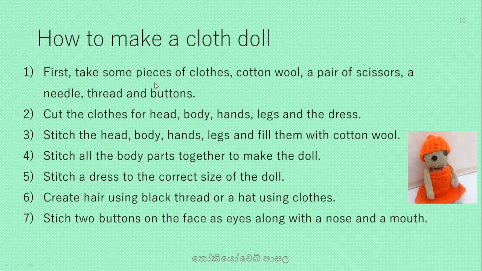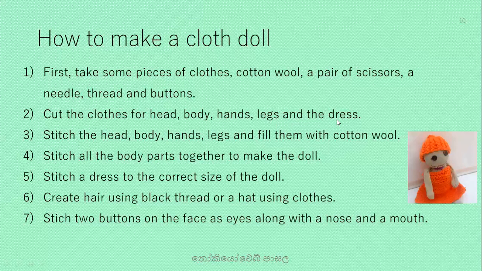First, take some pieces of clothes, cotton wool, a pair of scissors, a needle, thread, and buttons. So I first say what are the things we need to make the doll, and then I move on to the next steps. Cut the clothes for head, body, hands, legs, and the dress.